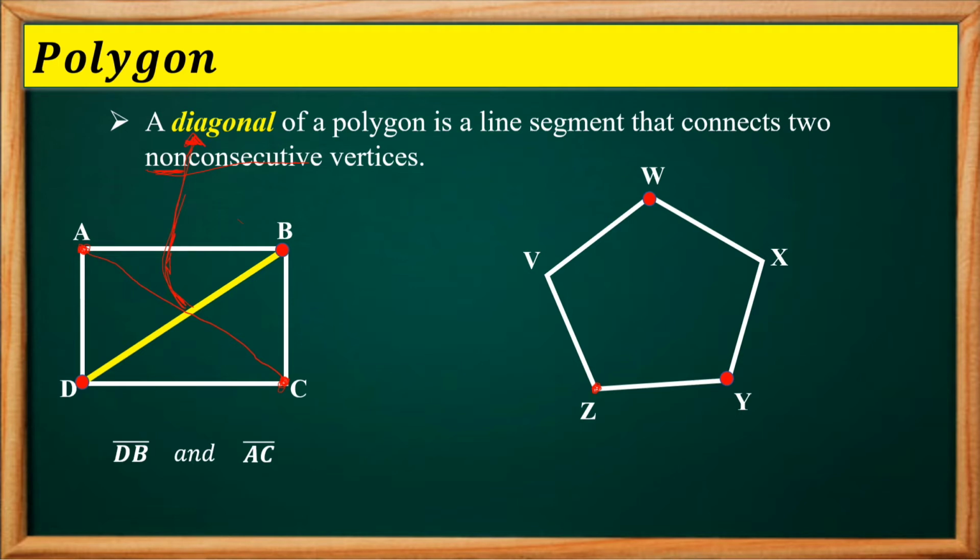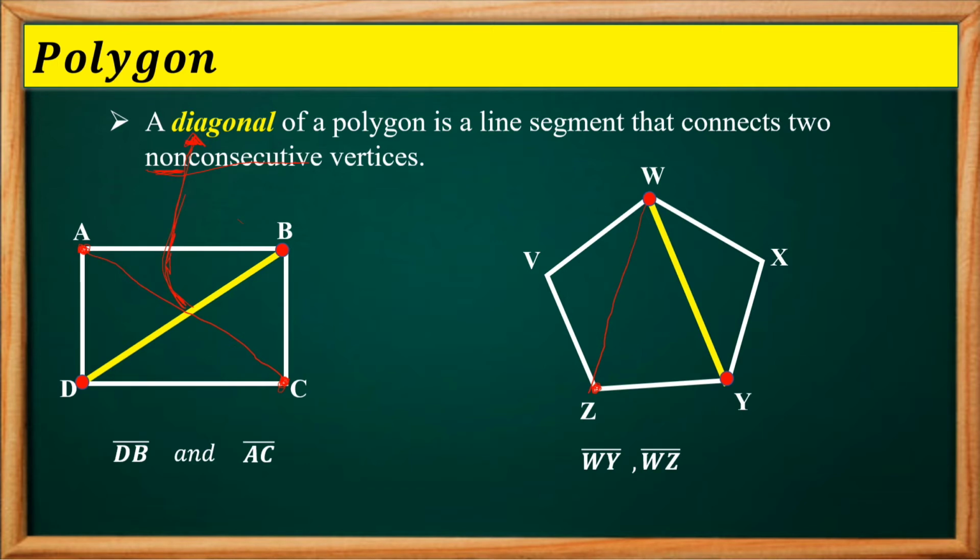Now how about point X? Maglalagay ba tayo dito ng point? No, because W and X are consecutive vertices. Because of this, we can draw the diagonal WY. Then, from point W, we can also draw a diagonal WZ. Okay, WY and WZ.